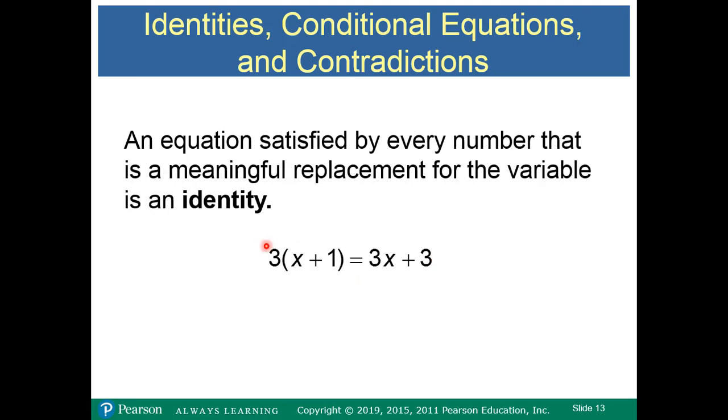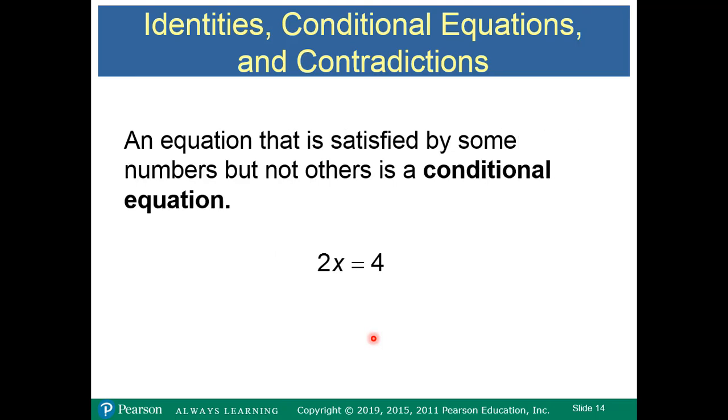Well, in this case here, if we distribute the 3, we get 3x plus 3. So we get the same thing on both sides of the equal sign. So in other words, no matter what x is, it doesn't matter. Whatever we plug into x, we'll always get the same thing. So that's an identity. An identity has an infinite number of solutions.